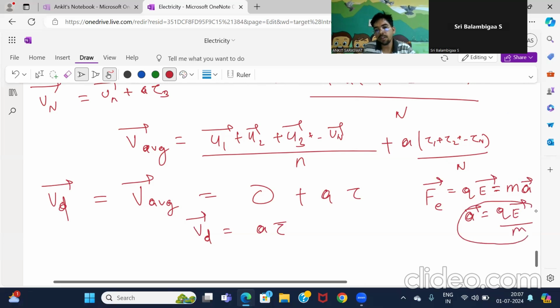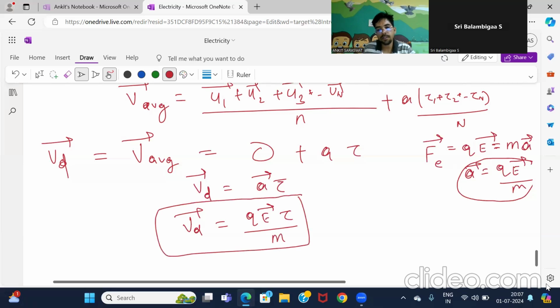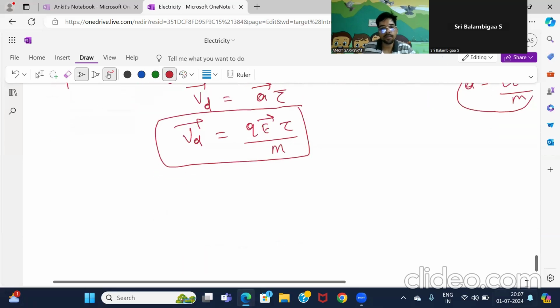If I put this value here, then what will I get? Vd is equal to QE tau by m. It's a very important relation. Clear? This is the vector notation, in vector form.